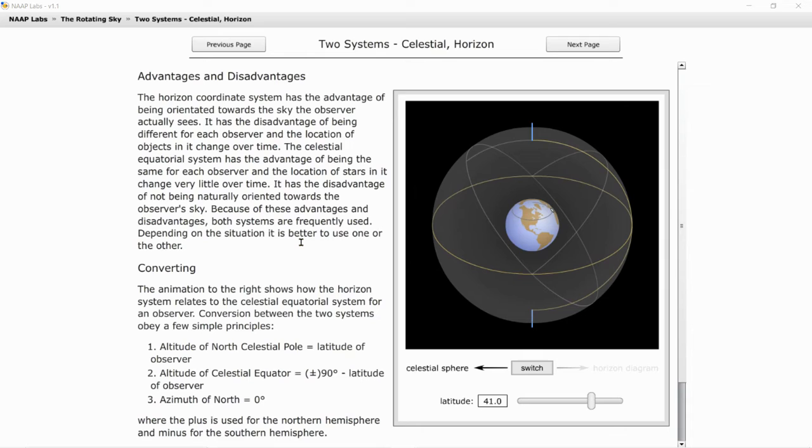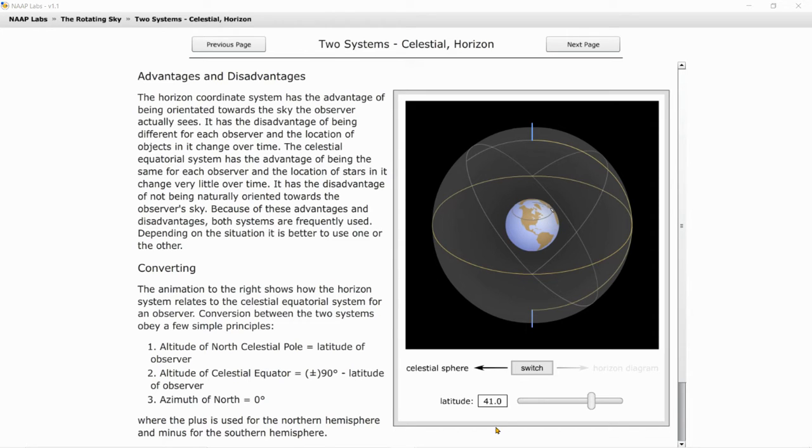Each one of us is going to have a different celestial sphere and horizon, because we can't stand on top of each other and have the same zenith. We're all going to have a different zenith, but it's going to be close enough where we are that it's not going to matter that much. If you lived in the southern hemisphere or at a different latitude on the Earth, you can see the latitude ring right here.